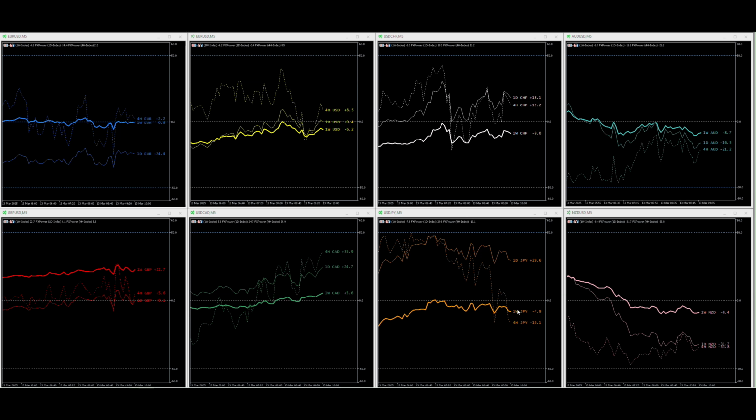The Japanese yen is weakening currently, and the Swiss franc is tending to the upside, which is interesting to see them split apart, and I assume the Japanese yen will return to the upside as well during the day.